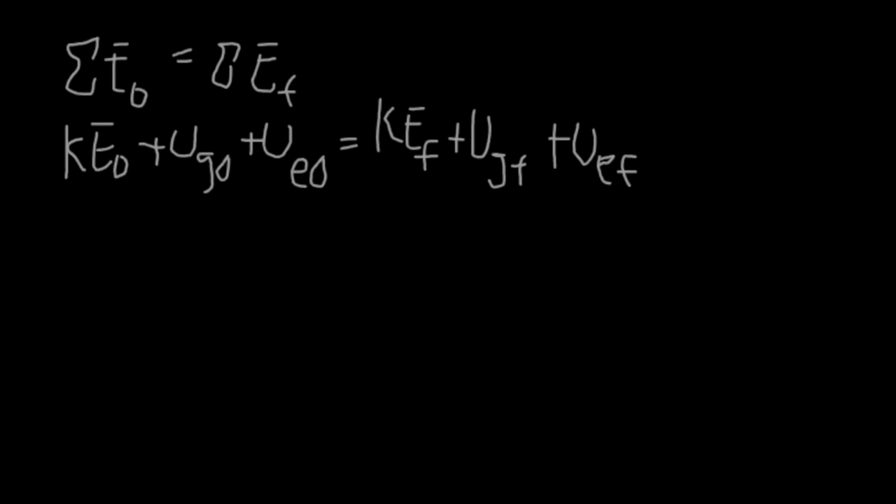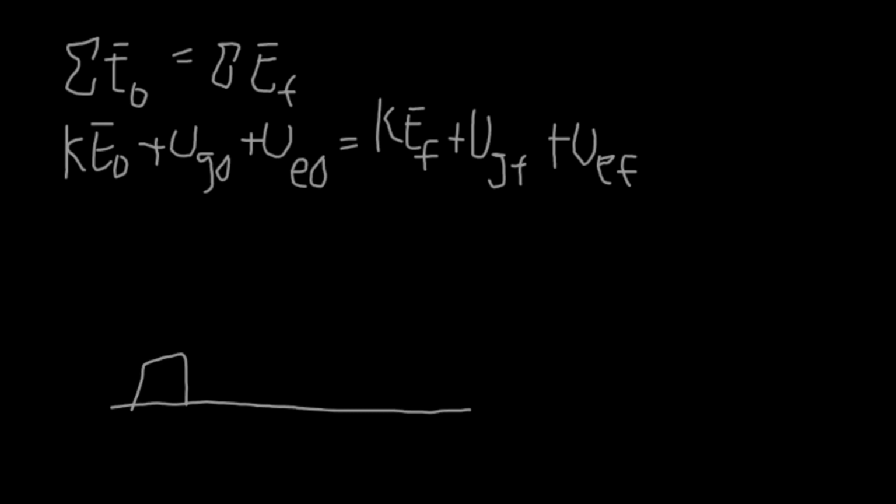I should make a quick little side note that we will study more later once we get to work. This law is assuming that there are no outside forces acting on our system. For example, say you have a block of wood and you have an object sliding across it.